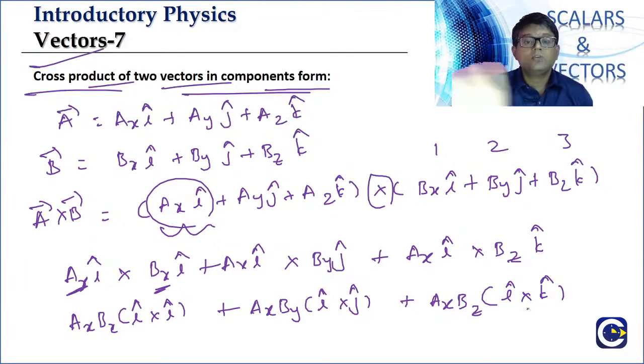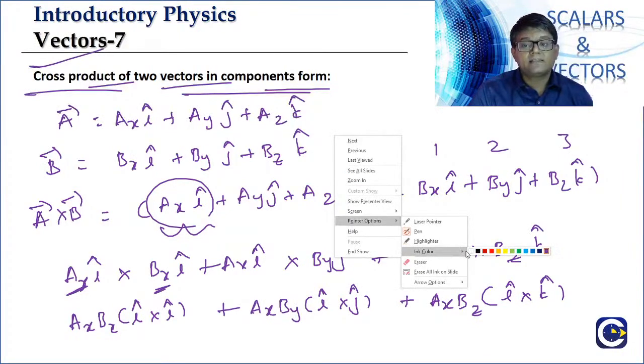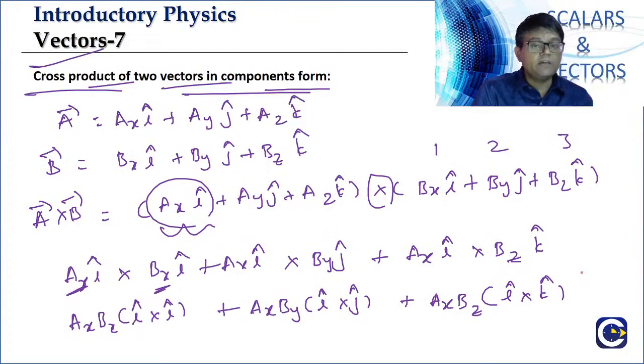Okay, so we are just using the associative law. Now remember what we had? We had this relation between our, what are the things? That anti-clockwise I, j, k. Okay, so look at this, guys.